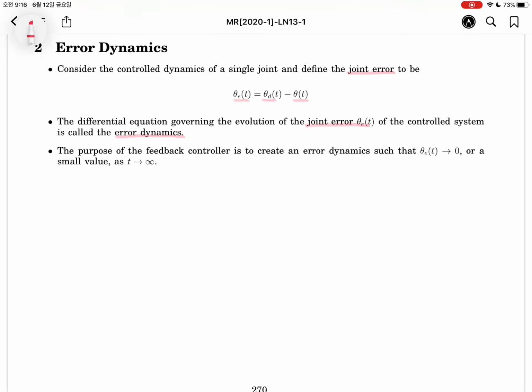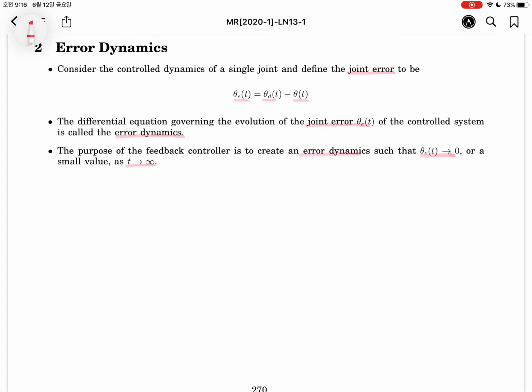So after defining the error, we should derive the differential equation in terms of the error, and we will call it error dynamics. The purpose of the feedback control is to create error dynamics such that the error goes to zero as time goes to infinity.